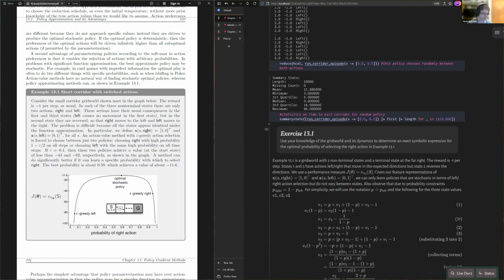Here, we're going to compute it using actual knowledge of the environment and the probabilities. The policy gradient techniques accomplish this by sampling from the environment instead. But as a first step, we're going to try to do it analytically.